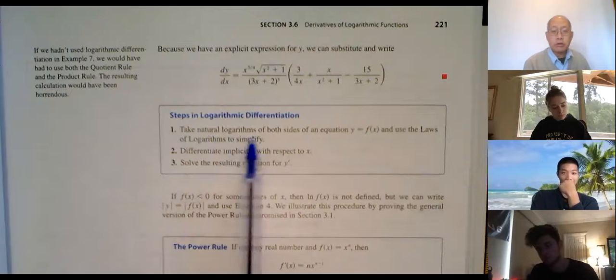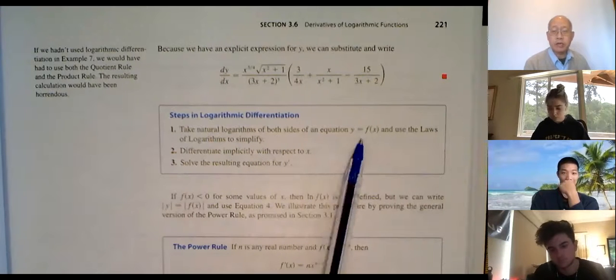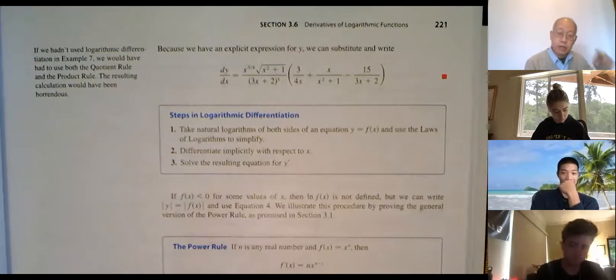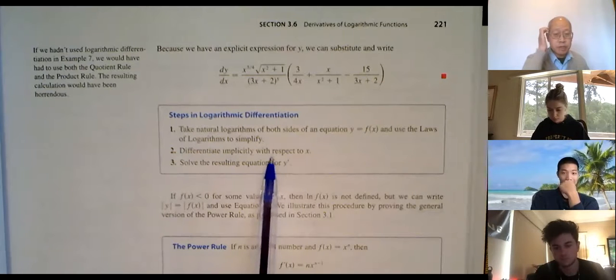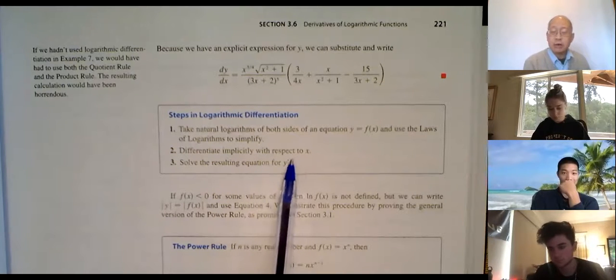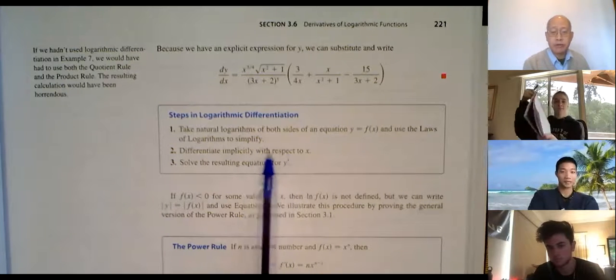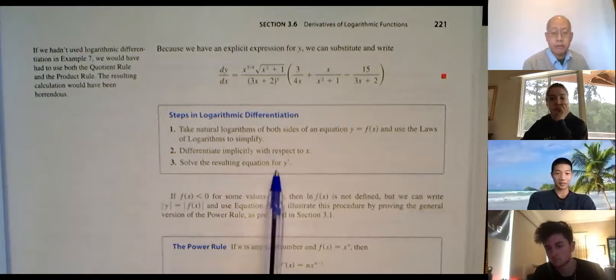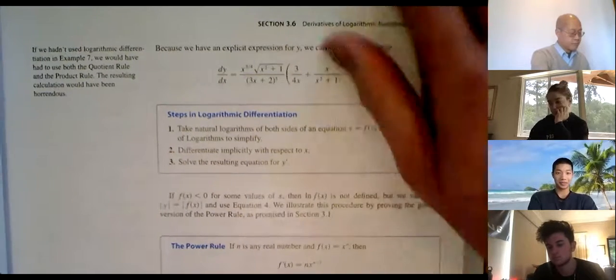So you take natural logs of both sides of an equation, y equals f of x, and use the laws of logarithms to simplify. So you want the right-hand side to be nice, so to speak. You differentiate implicitly with respect to x. It turns out the left-hand side is always going to be the same thing. It's going to be 1 over y dy dx. And then solve the resulting equation for y prime or dy dx. Okay. So that's what we went through.